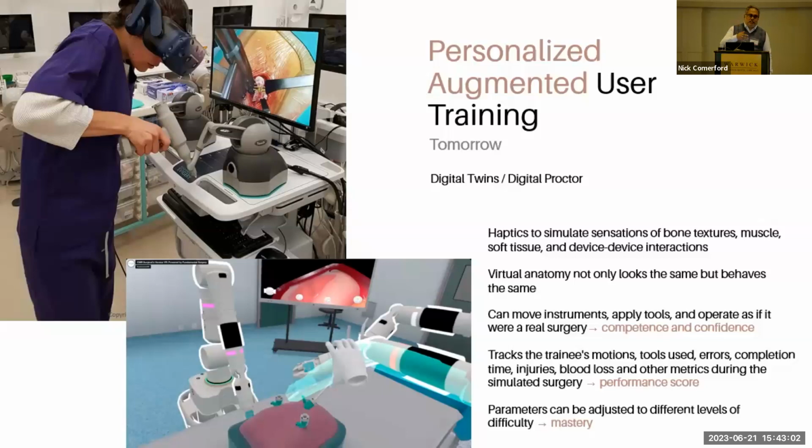Everything about the texture of the bone, the skin, the amount of leakage of the blood, the complications, the wrong sealant time of an electrosurgical device. All of those criteria can be simulated in augmented reality. All of that haptic feedback is simulated.